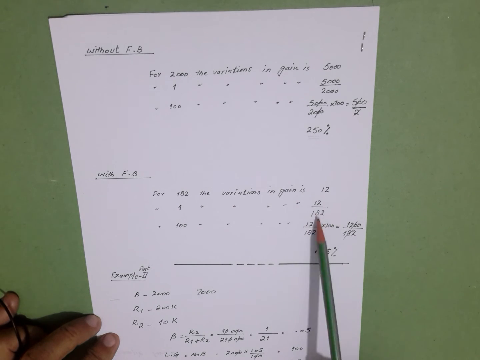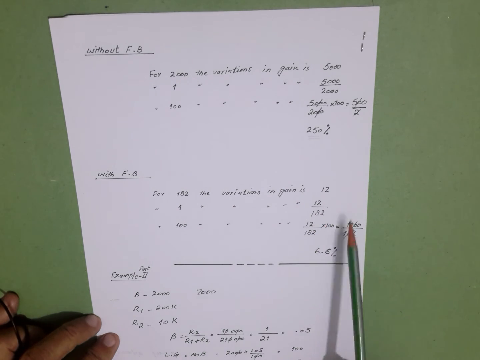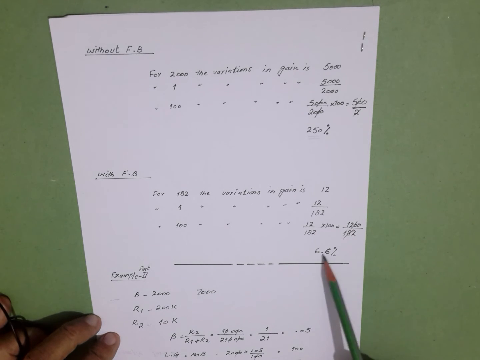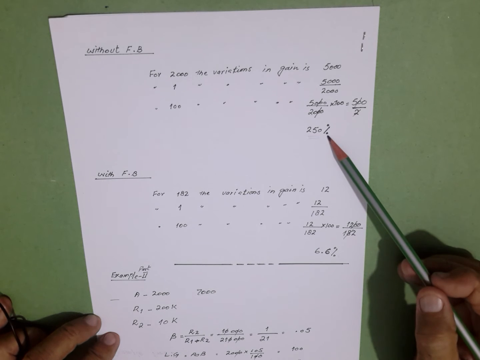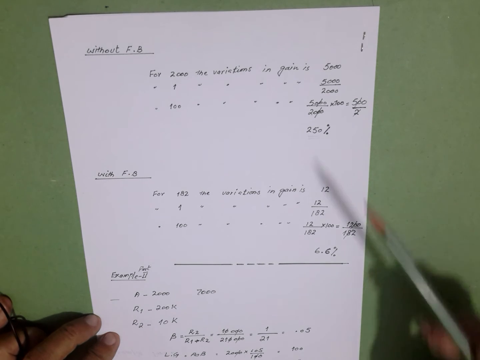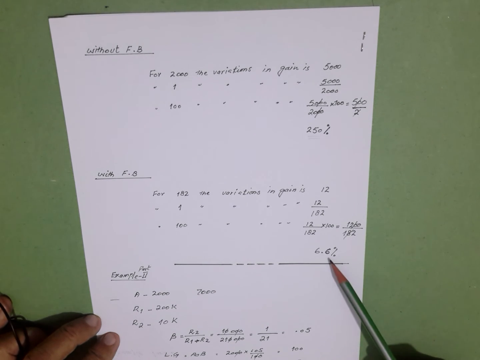For 1 it is 12 over 182. For 100 it is this and comes out to be 6.6%. Firstly it was 250% when the feedback was not given, and once we have given feedback the variation has reduced, the gain has become stable. We are able to stabilize our gain.